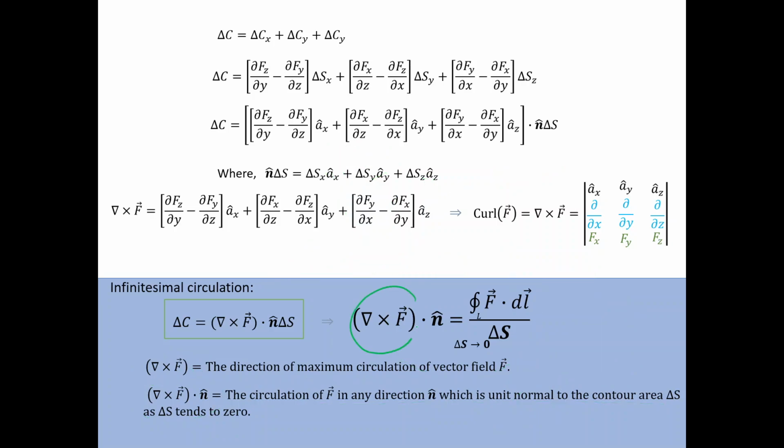Because del cross F is the direction of max circulation, and let's say this is the area we have considered and this is the direction of the loop. Then along this direction the circulation will be given by del cross F dot the unit vector of that particular loop area that we have considered.